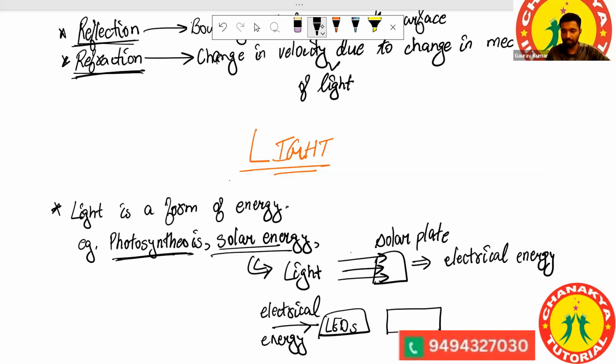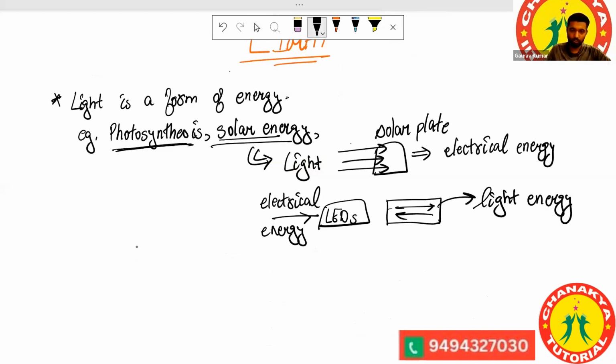Understand it like this: it contains a plate. This plate has many electrons and protons inside it. When electrical energy is applied, there is a flow of electrons and protons. Due to this flow, light energy is created.